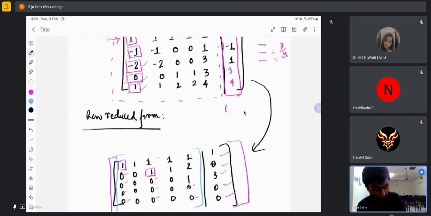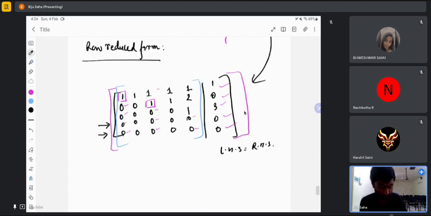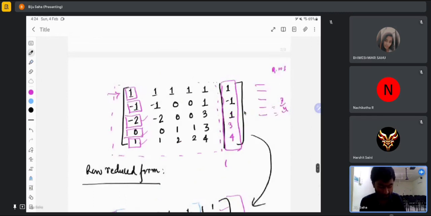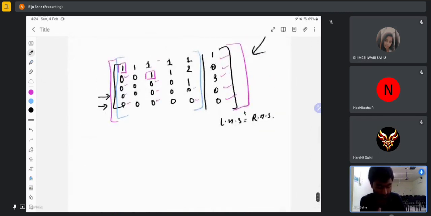What you see here is that the second last and the last row have now taken a form which is consistent, that is, both the left hand side and the right hand side are equal to 0. That releases us from this inconsistency problem. Let us go further and check what happens from the first three rows.